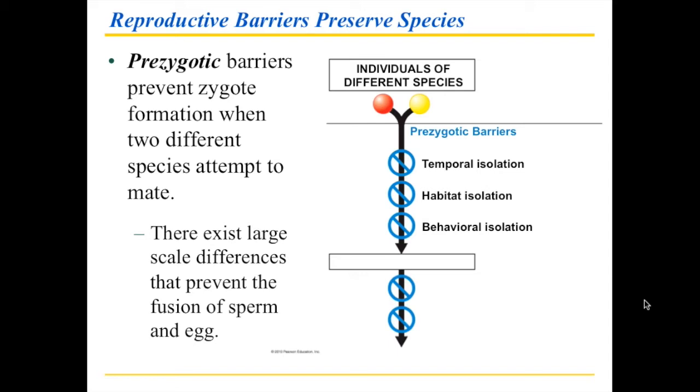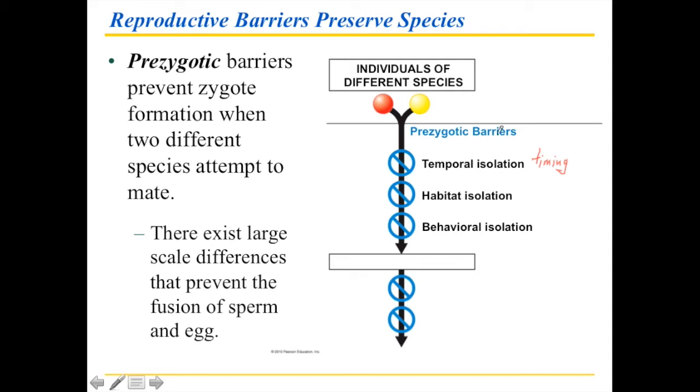The first of these is called temporal isolation. And temporal isolation simply has to do with timing. Timing in the sense that if things aren't ready to breed at the same time, then how can they breed? So perhaps you have one organism that is active during the day and another one that's active during the night.